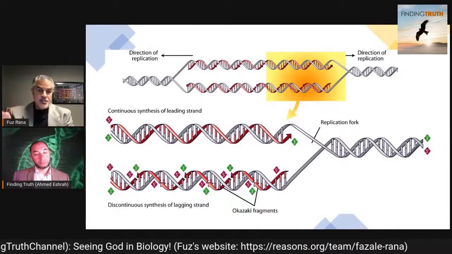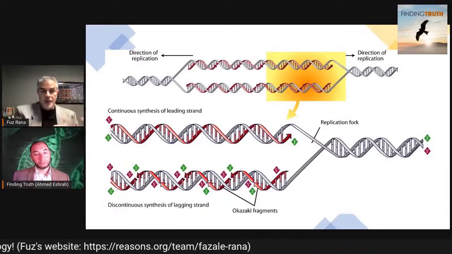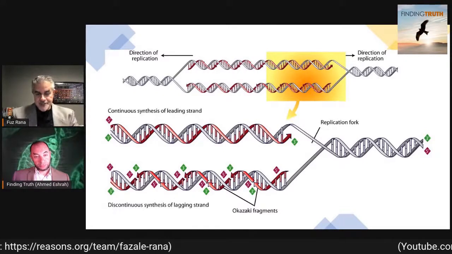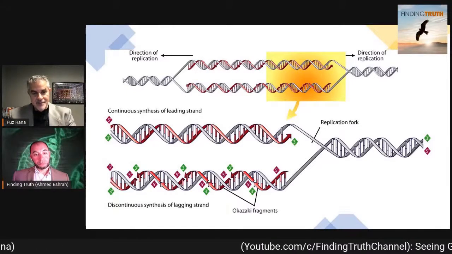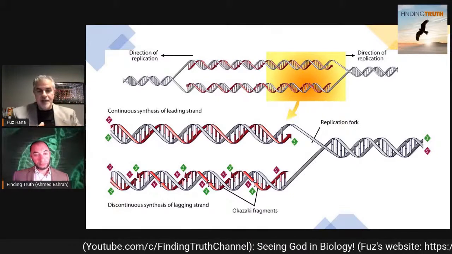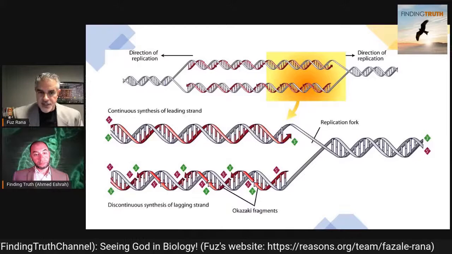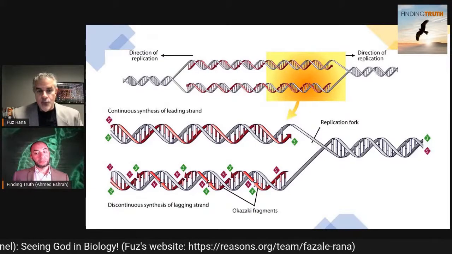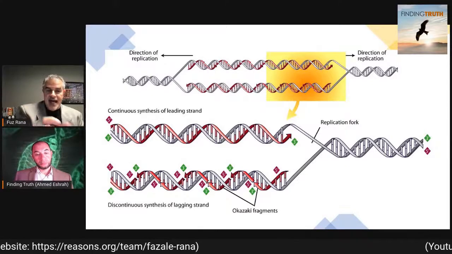And then once it reaches the fork, it has to stop. Eventually more will be opened up, and then it can proceed in that opposite direction. As more opens up, it proceeds in the opposite direction. So that strand is being produced in a discontinuous fashion, where fragments are being produced at a time.